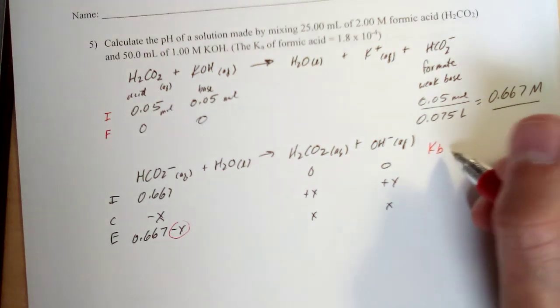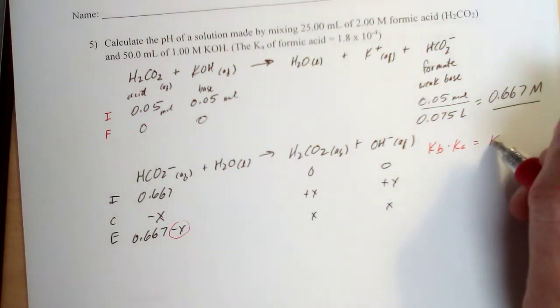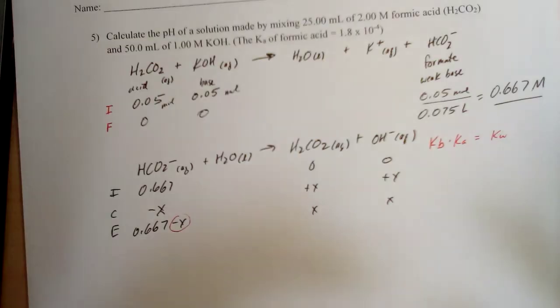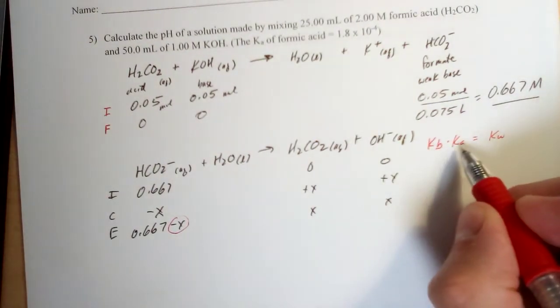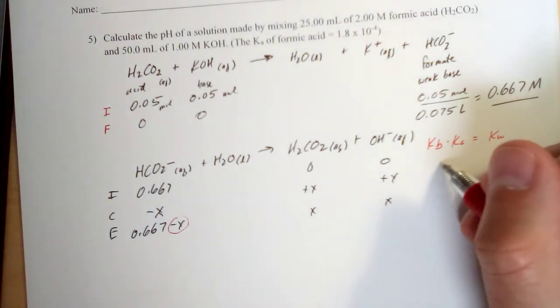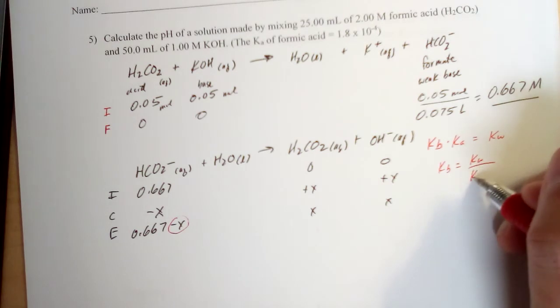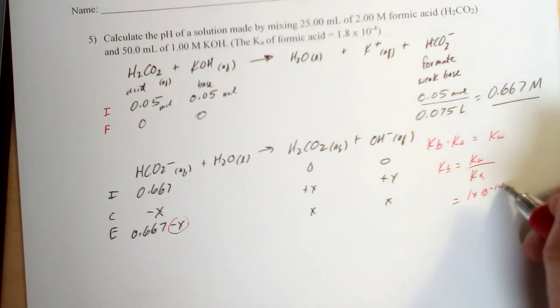Now, in any case, Ka times Kb is equal to Kw, since the acid and its conjugate base are related by the dissociation of water. If we want to solve for Kb and we know Ka, we can just divide through by Ka. Kb will be equal to Kw over Ka. Kw is 1 times 10 to the minus 14th.